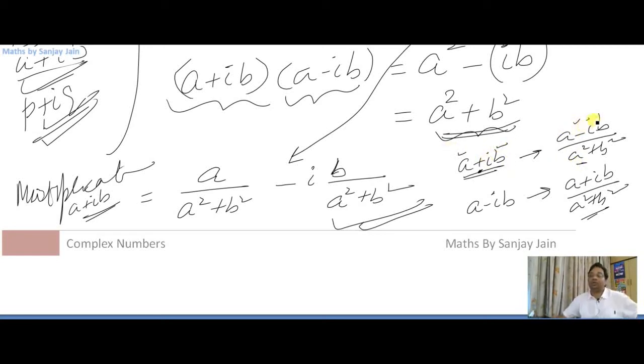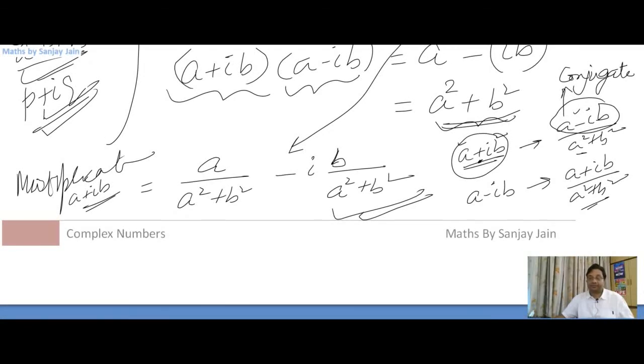We will also learn about these terms. What is this called? This is also known as the conjugate of this complex number a plus iota b. What is the conjugate of a complex number? Where we just change the sign of the imaginary part.